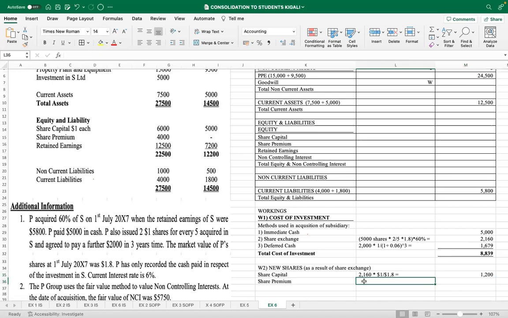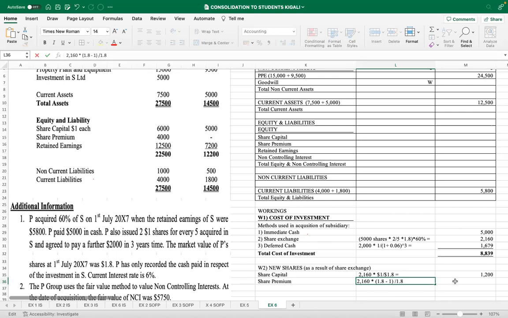The balance goes to the share premium. So the balance is 2,160 times the balance, which is the market price of 1.8 minus the nominal of 1, divided by market price of 1.8. Remember, share premium is the surplus.